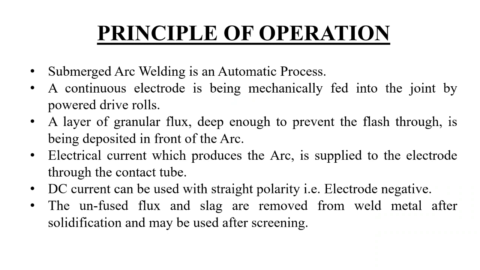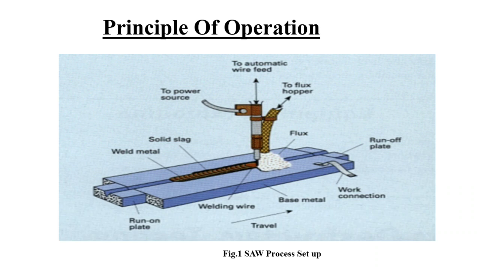Electrical current which produces the arc is supplied to the electrode through a contact tube, and DC current can be used in straight polarity, that is, electrode negative. The unfused flux and slag are removed from the weld metal after solidification, and the flux may be used again after screening. Figure 1 is the submerged arc welding process setup.